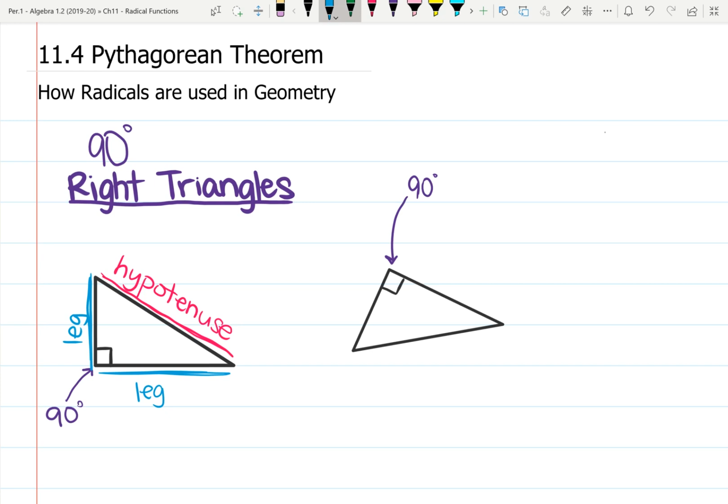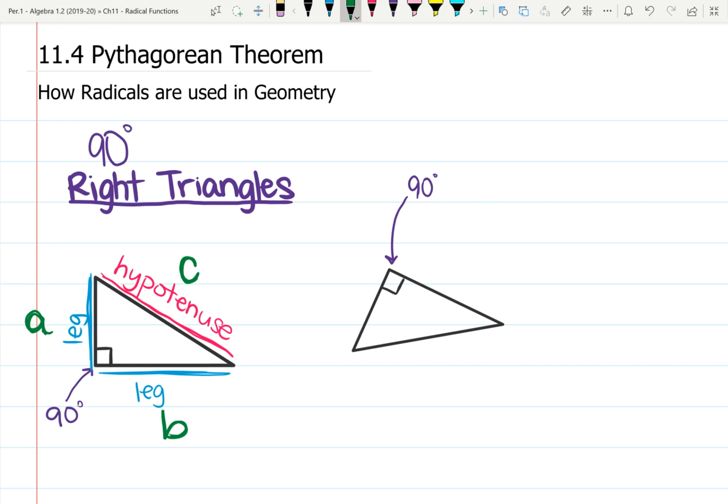But we also use these variables in math. The hypotenuse is identified by the letter C. And that's going to come in handy later today in our Pythagorean theorem. And then the two legs use the variables A and B. Now, does it matter which one is A and B? Not really.